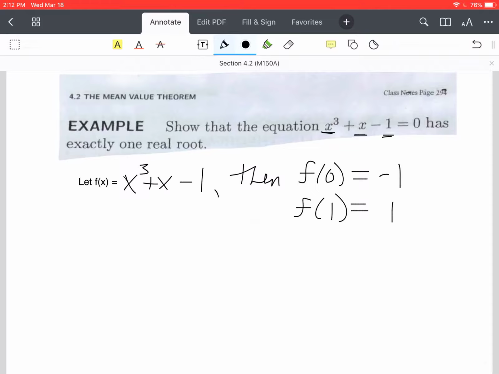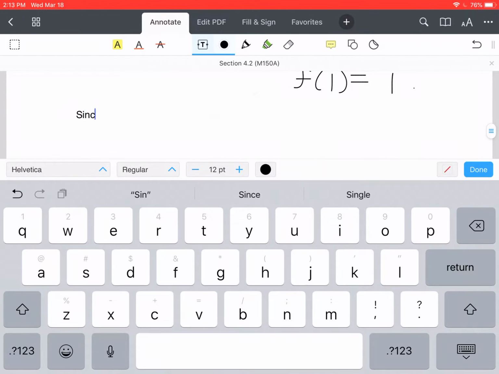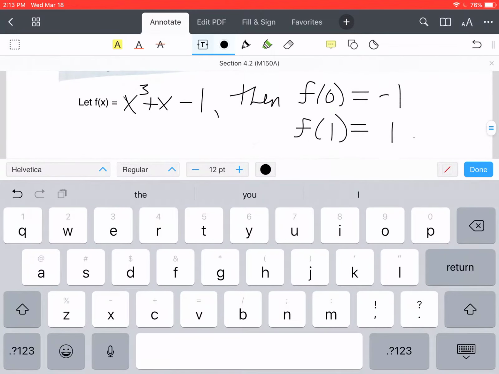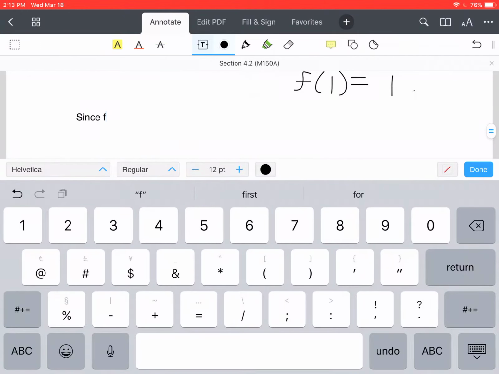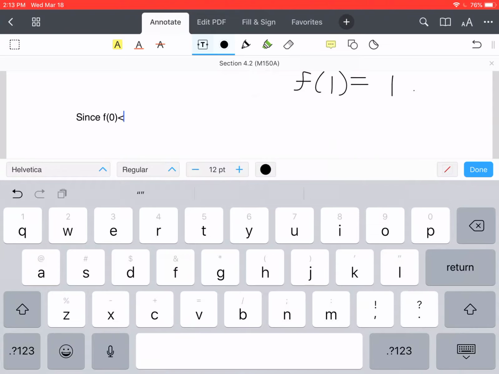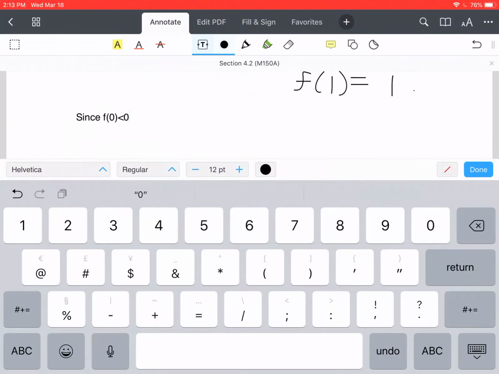Now, since we know that f of 0 is less than 0 and f of 1 is bigger than 0, so f of 0 is less than 0, which is less than f of 1.